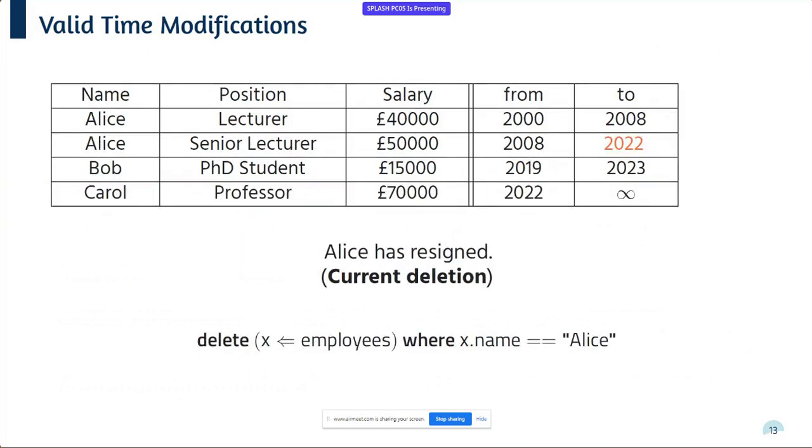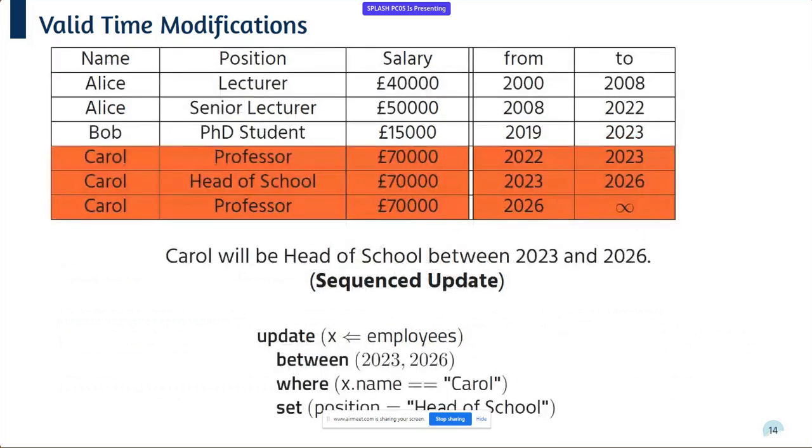If we do a current deletion, then we delete from the employees where the name is Alice. What that does is close off the to field at the current moment in time. And then we can say that Carol's going to be head of school between 2023 and 2026. This actually ends up giving us 3 rows. We've got the point where Carol's a professor before she ends up as head of school, so that's 22 to 23.